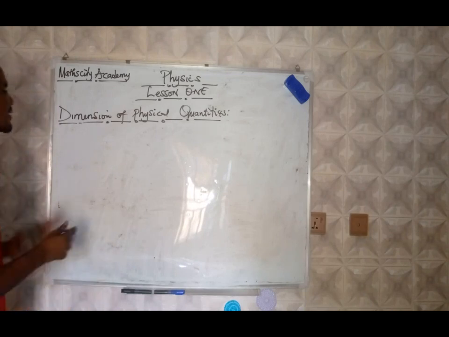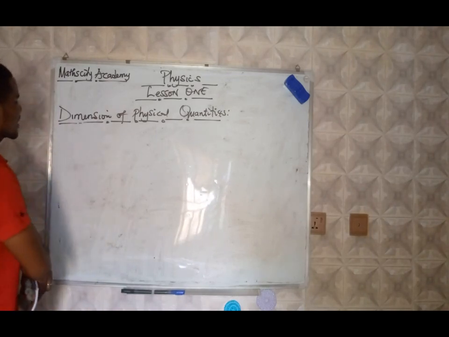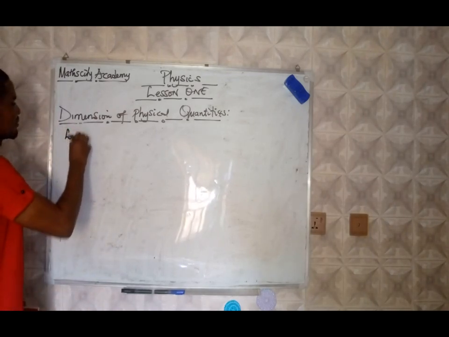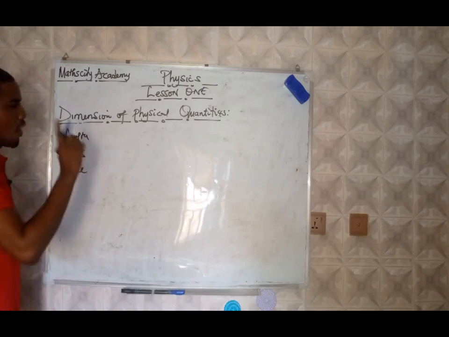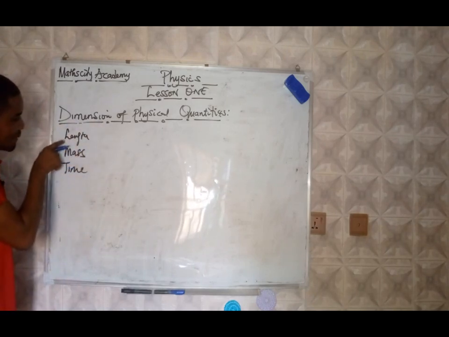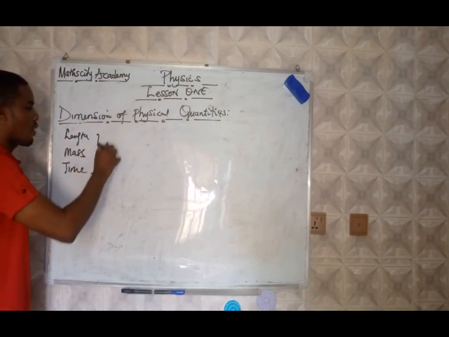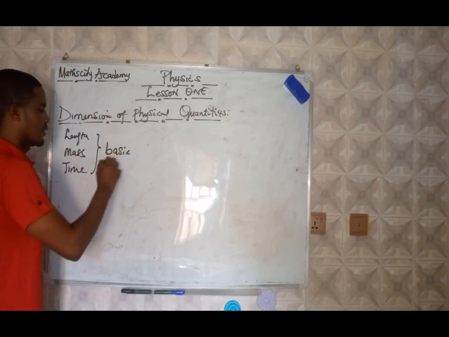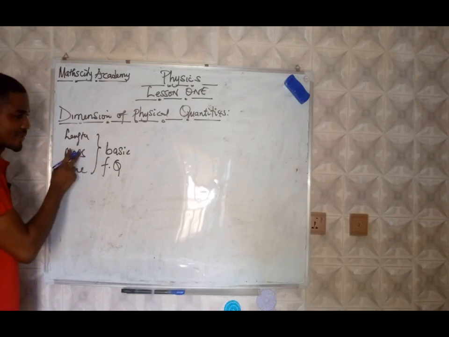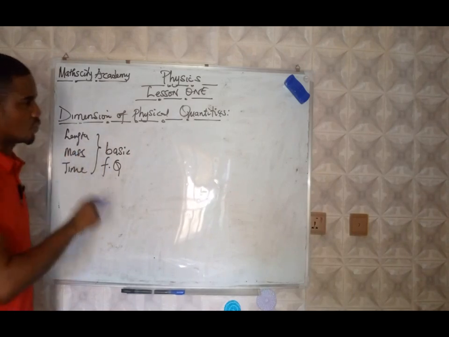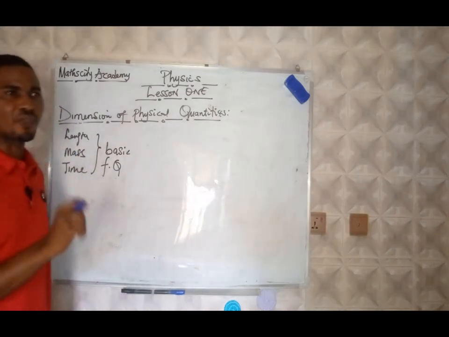Now, I go back. Remember that I said that among the fundamental quantities, we have length, we have mass, we have time. Of the 7 fundamental quantities, I brought out only 3. These ones are called the basic fundamental quantities. In exam, if you are asked, which of the following is a basic fundamental quantity?